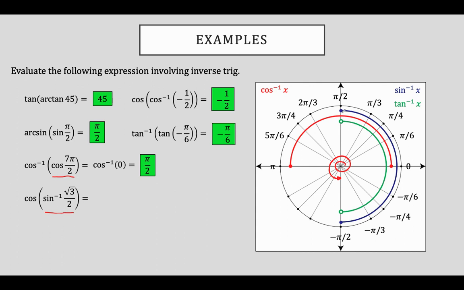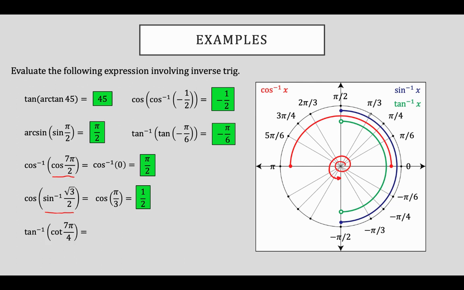Well, my range for inverse sine is negative pi over 2 to positive pi over 2. Which angle between negative pi over 2 and positive pi over 2 has a sine value of root 3 over 2? Pi over 3. So this is the cosine of pi over 3. And to evaluate the cosine of pi over 3, we need to find the corresponding x-coordinate, which is 1/2.